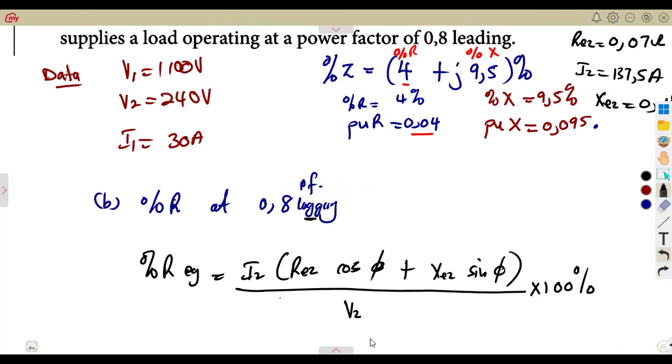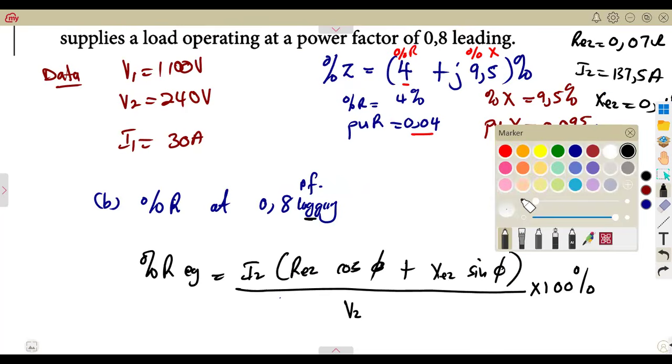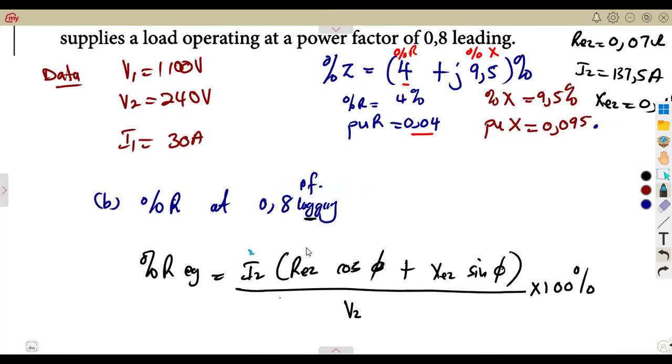But the question is, I2 is given, we calculated RE2, we calculated XE2, and V2 we are given. Cos phi is our power factor, but we do not have the sine of phi.